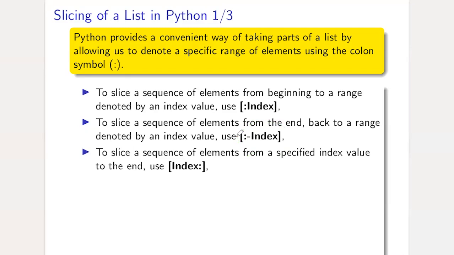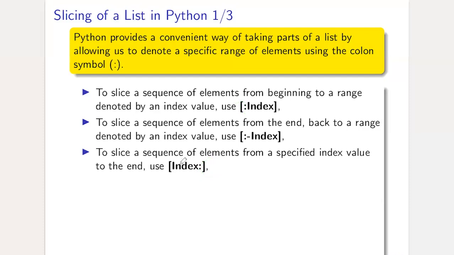And if you want to start from a given index value and slice the list until the last item, then we use this notation. We don't specify the last item. If you have n items in the list, the addresses would be 0 for the first one, 1, 2, 3, and n-1 would be the last address. We don't write n-1 here, just as we didn't write 0 there.